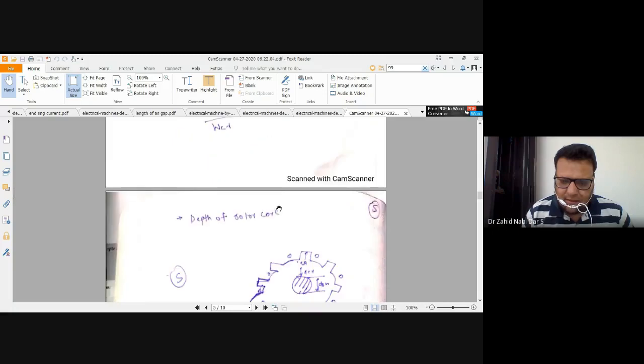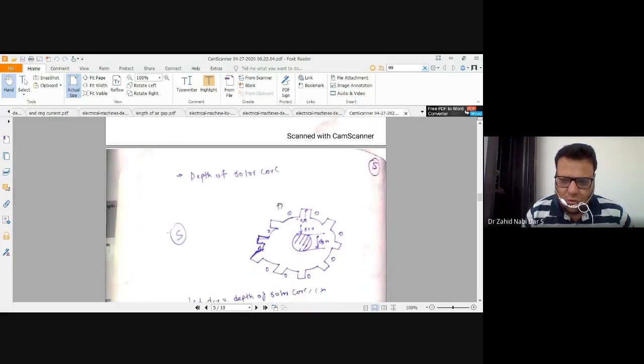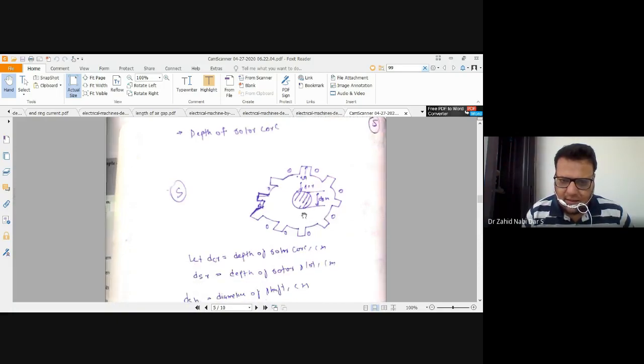Okay. Another important concept with this is depth of rotor core. Now here you see this is DCR, this is DSH, and this is DSR. So you have to study again how much depth it is having. So let DCR be the depth of rotor core in centimeter, because the rotor will also be having some core over which it is wound, and this is the winding over which the slot DSR is given.